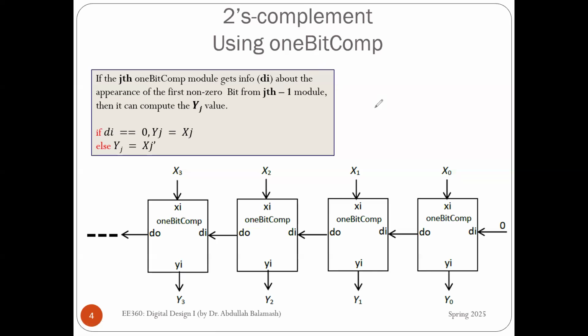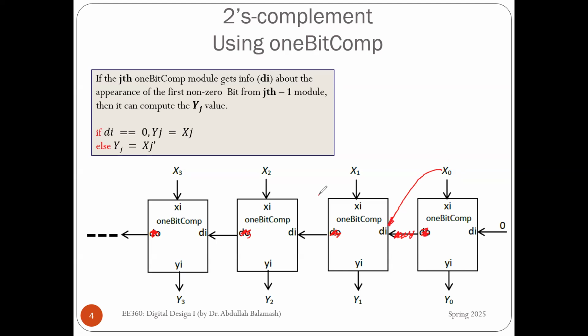One way to design this module: I'll keep this input and remove the output, so we'll not have this output. I can have the module only with the X input, without the DI. But then how to compute the DI? Very simple. For this one, it will be the value of x0. If x0 is 1, DI will be 1.